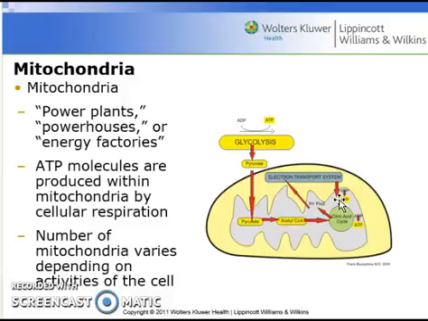Now, the number of mitochondria that exist inside of a cell depends on what type of cell you have. So like in our bodies, you have cells that are fit for one specific function, such as lining the esophagus or those that line the trachea. But depending on what that cell is functioning for, that will determine how many powerhouses of mitochondria are going to exist inside of the cell.